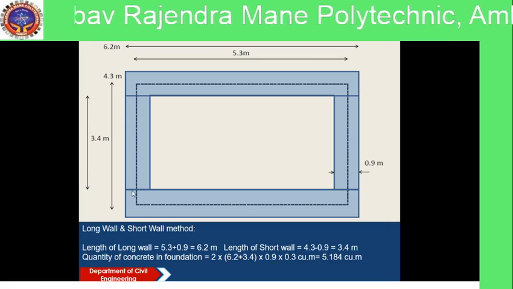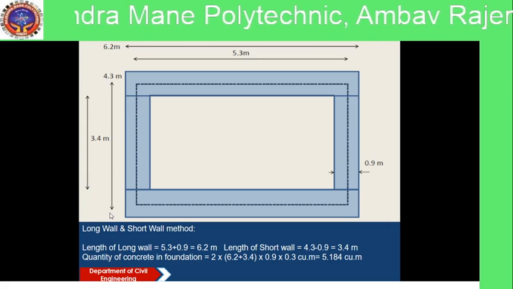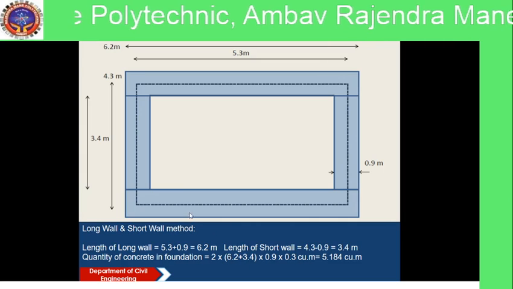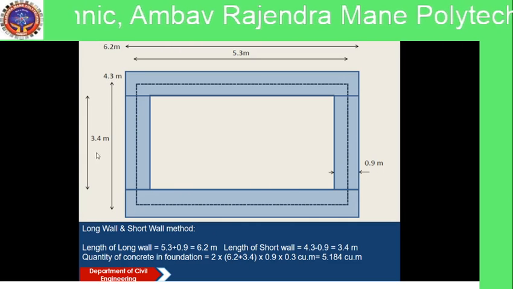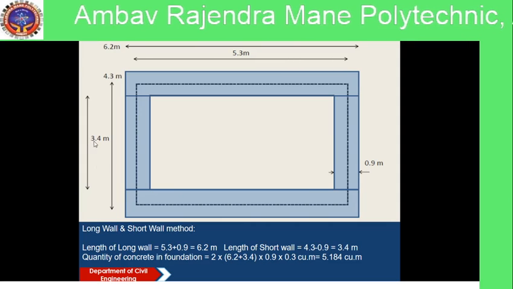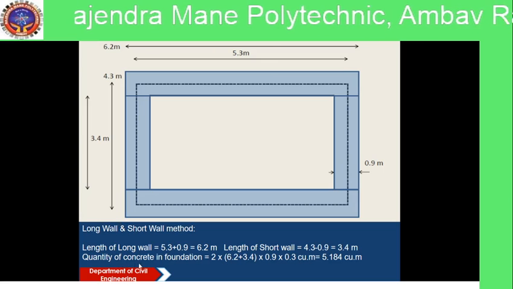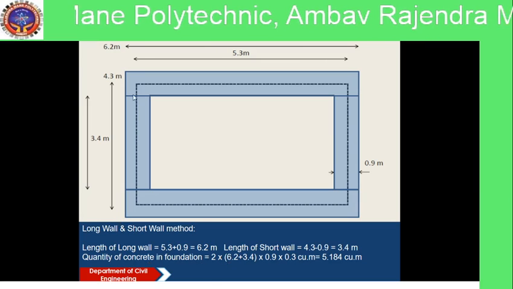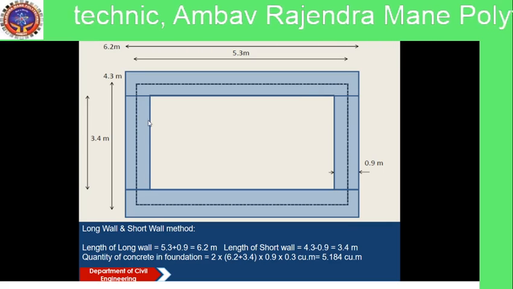Then length of short wall is equal to center to center length 4.3, this wall is the short wall, minus one width of item. One width of item is 0.9 meter. So 4.3 minus 0.9 is equal to 3.4. So total quantity of concrete in foundation is equal to two long walls and two short walls.